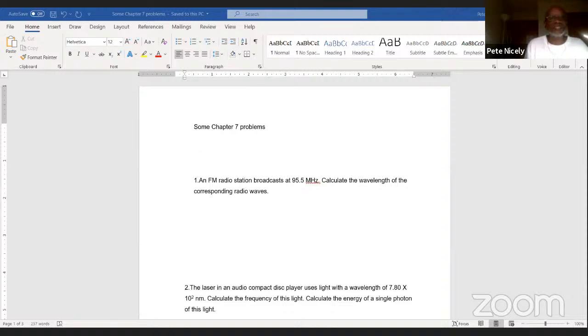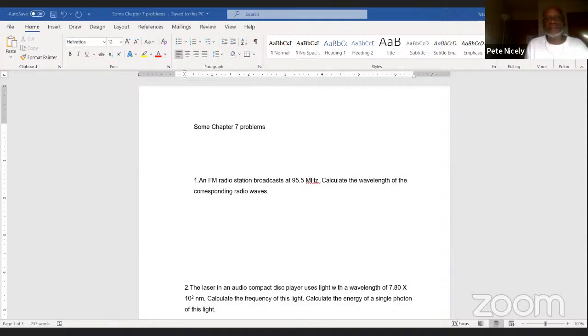So we have to rearrange this to get lambda equals c over nu. So c is 3.00 times 10 to the 8 meters per second divided by the frequency, and they gave the frequency as 95.5 megahertz.